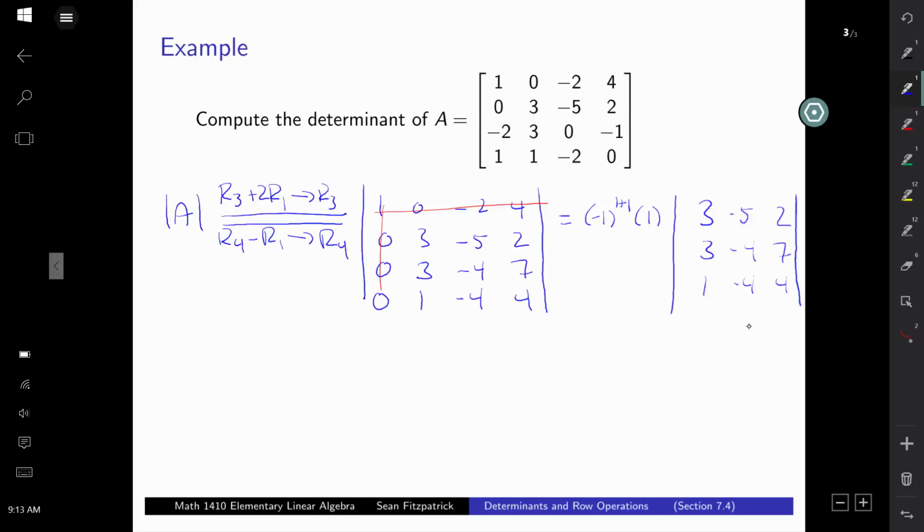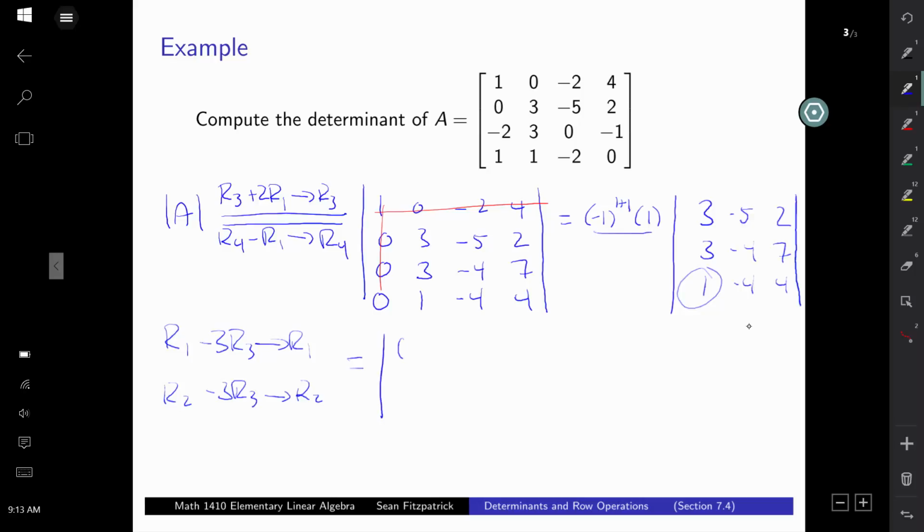So from here, maybe I use this 1 to get rid of those 3's, right? So I'm going to do row 1 minus 3 row 3 into row 1. I'm going to do row 2 minus 3 row 3 into row 2. And the result is going to be, so this is just a plus 1 out front.